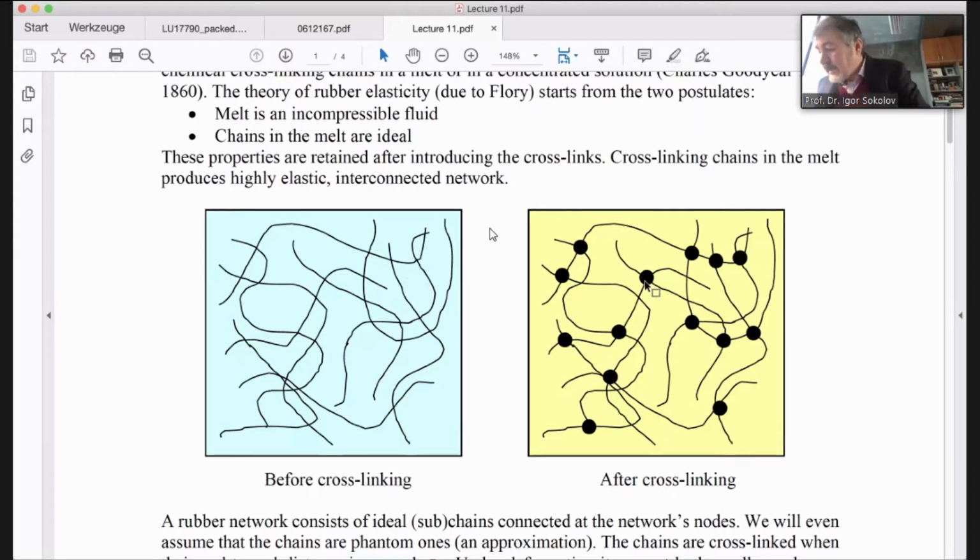Okay, then let me do the following. Let me use our old-fashioned modus, which is drawing on a whiteboard. Just a second.